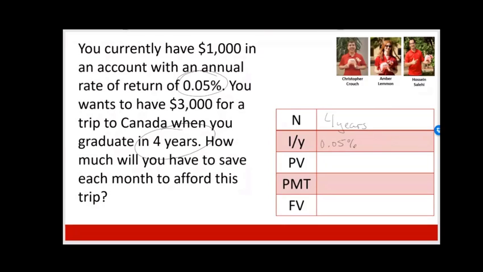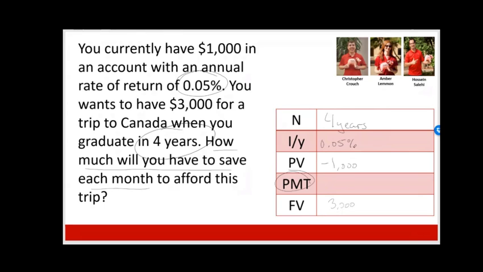The present value is negative 1,000. We're solving for the payment. And the future value is 3,000. Sorry, what was the future value? It's 3,000. Okay.